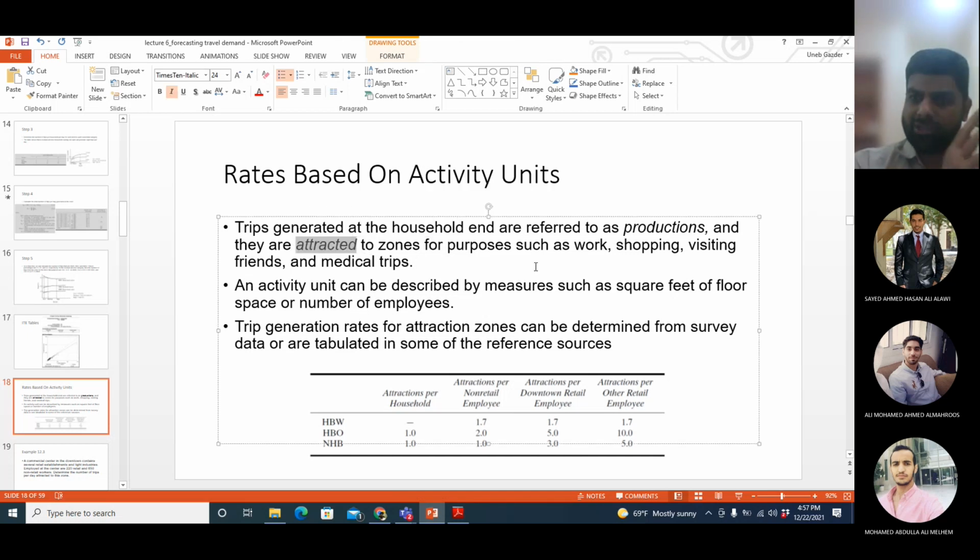So you have trip production and you have trip attraction. For trip production, we consider the household characteristics, income, cars, and so on. For attractions, we consider the activity in the area.